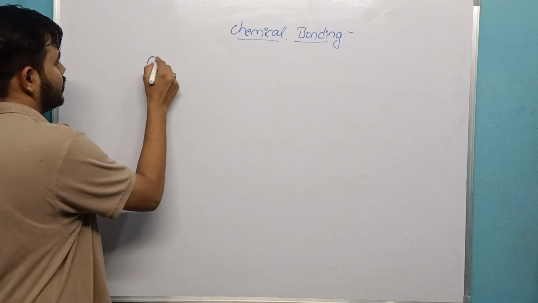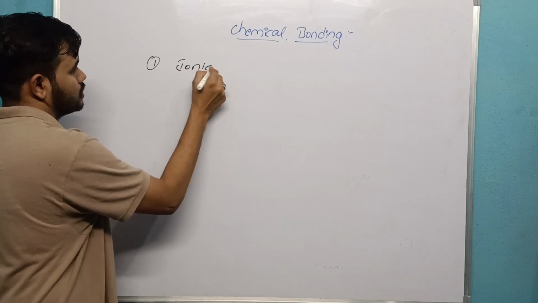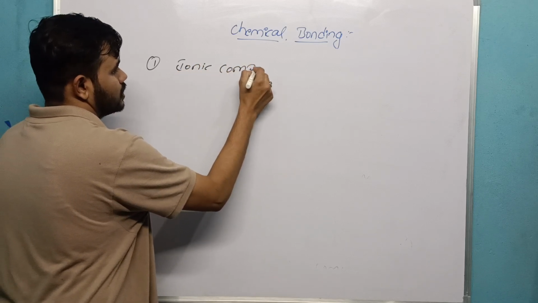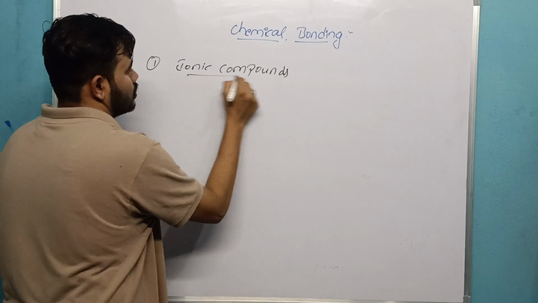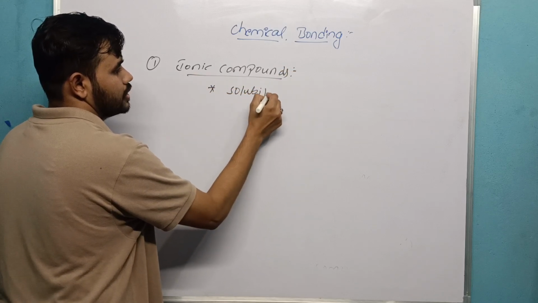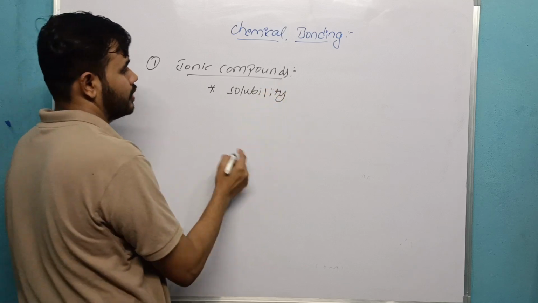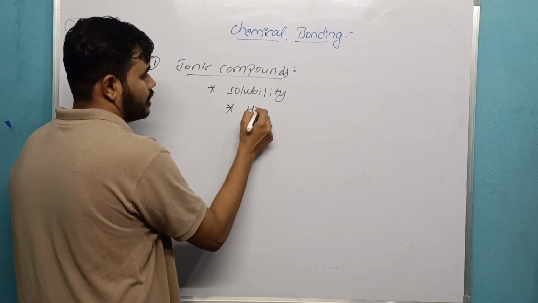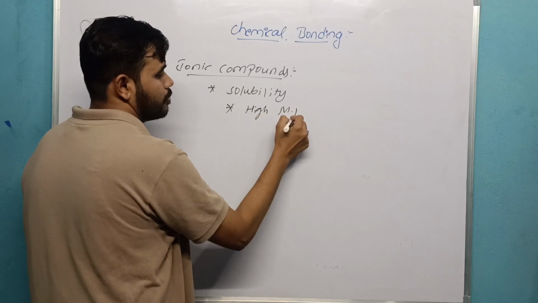Now we are going to learn ionic compounds. In that we all know that it will have more solubility. That is, ionic compounds are more soluble in water and have high melting and boiling points.